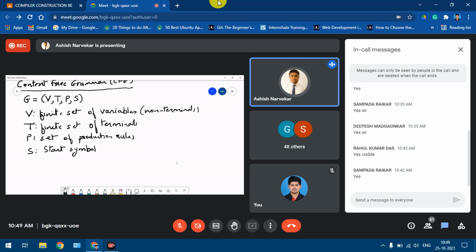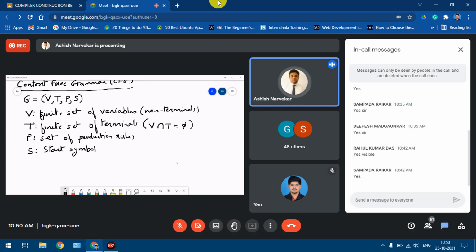One thing before we go further: when we say that T is a finite set of terminals and V is a finite set of variables, both of them should be unique, which implies that the intersection of V and T should be empty.